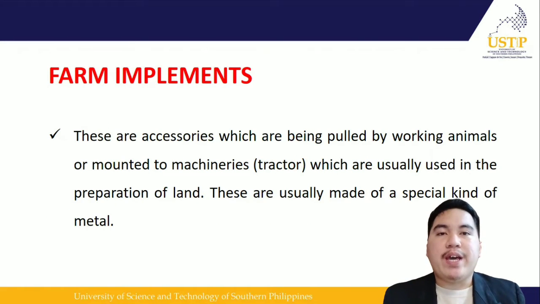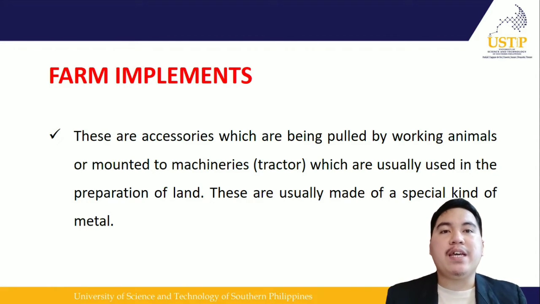Okay, so next we have farm implements. These are accessories which are pulled by working animals or mounted to machineries, like for example a tractor, which are usually used in the preparation of land. These are usually made of a special kind of metal implements or accessories.